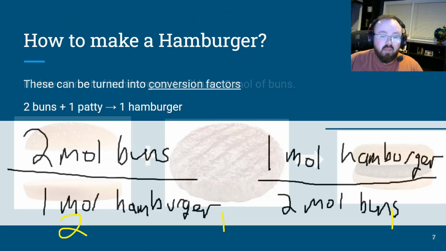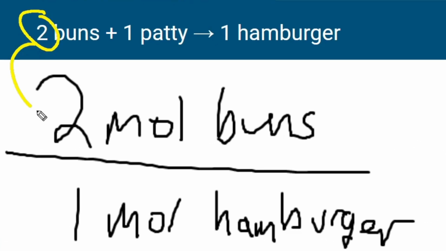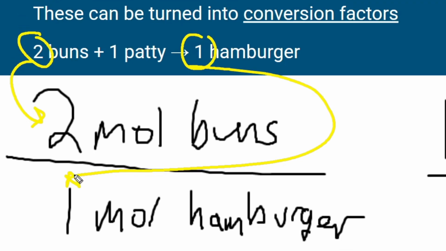And we see this in a conversion factor that we can do as well. We can make this into a conversion factor. And this conversion factor comes from the coefficients of my equation, we'll call it. This 2 becomes this 2. My 1 hamburger becomes this 1 here.